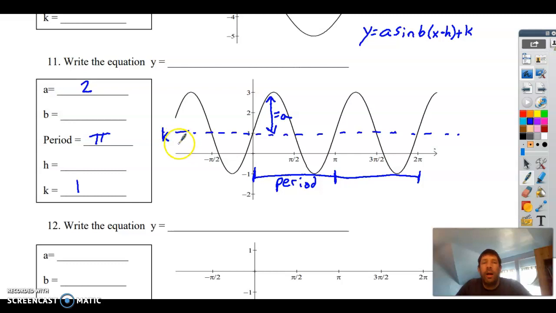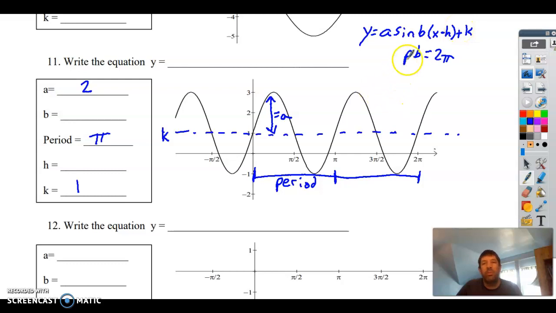Okay. From there, I'm going to move to my B value. My B value, the little handy way we can find that, P times B will always be 2 pi, because P is the length of one cycle. So for example, if the length of a cycle is pi, that means that we're going to be able to fit 2 of them in a distance of 2 pi.